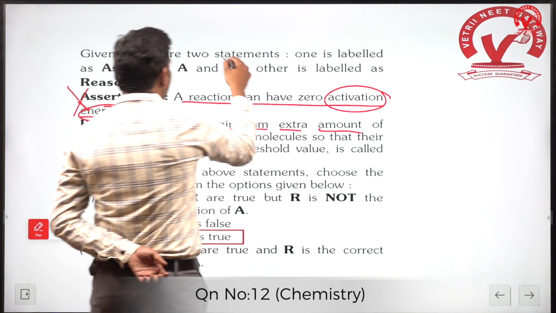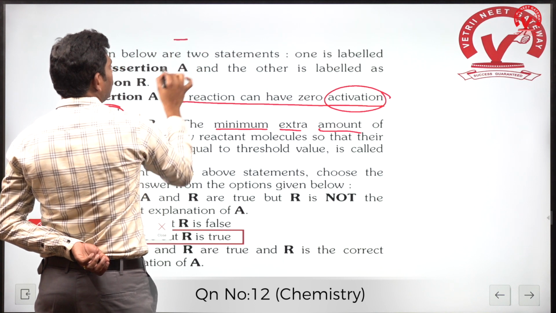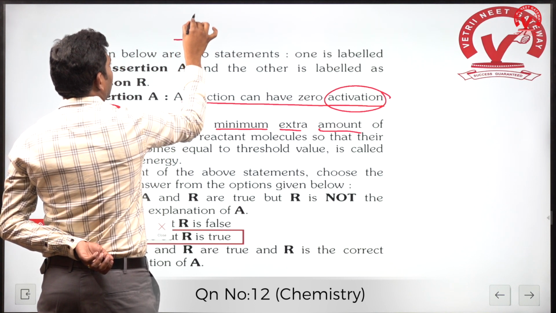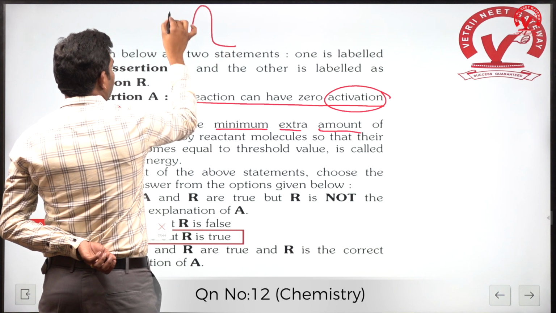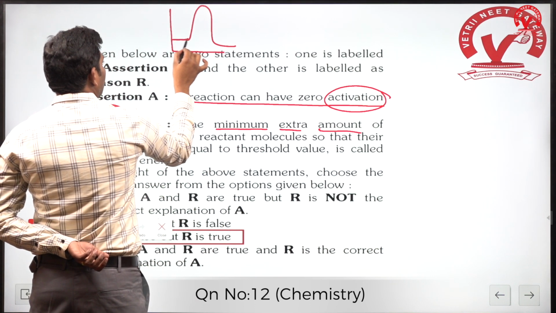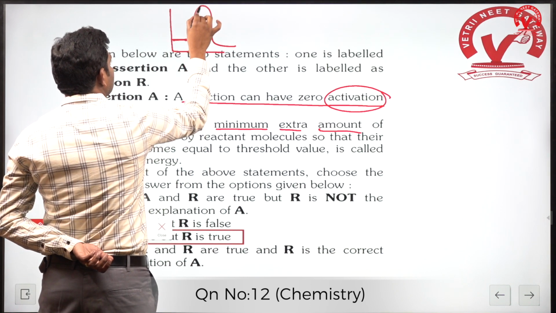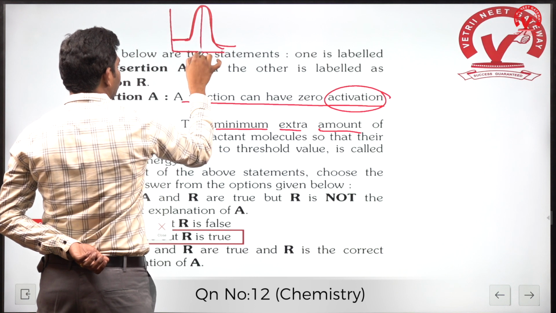If you take the diagram like this, the reactant molecules initially have some energy, then they absorb energy and go to the high energy level, the activation energy. This is the threshold energy.